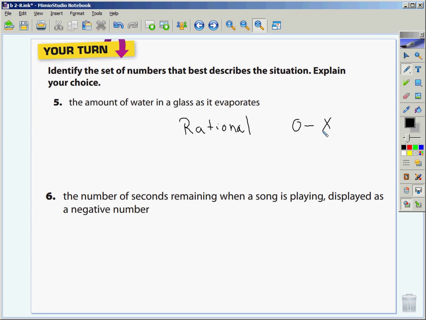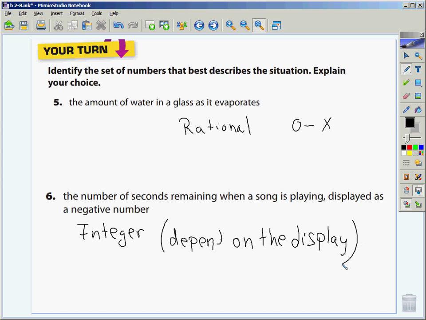Okay? The number of seconds remaining when a song is playing displayed as a negative number. And if you said an integer just because it has negative in it, this would depend on the display.